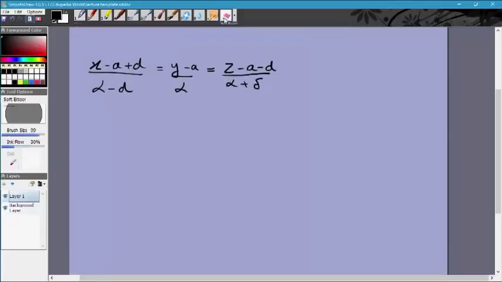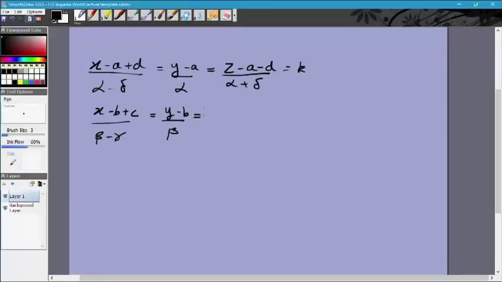Sorry, this is delta, not d. This is the first equation. We can just take this equal to k, and then the other equation is (x minus b plus c)/(beta minus gamma) is equal to (y minus b)/beta is equal to (z minus b minus c)/(beta plus gamma). Let's say this is equal to L.